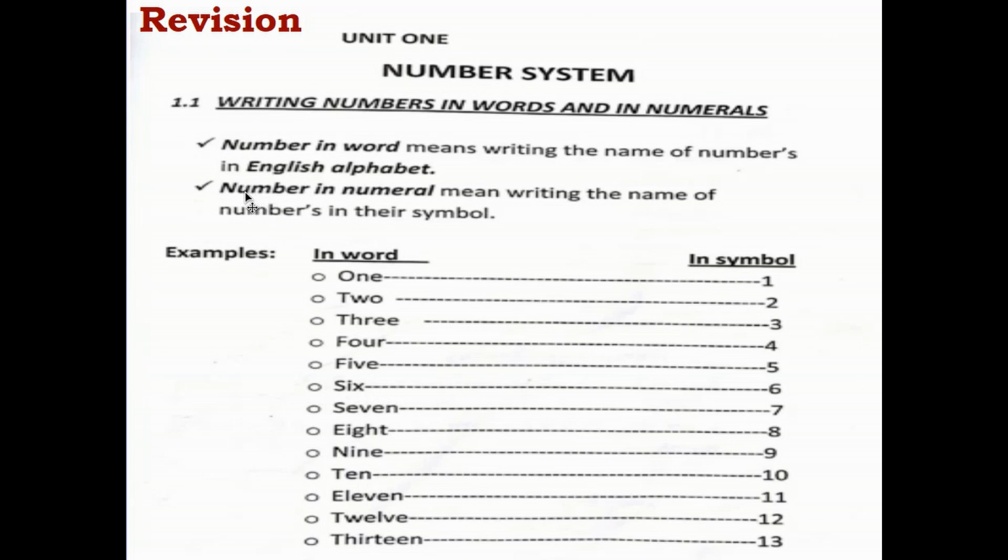When we say a number in numeral, this is the right side. As you can see here, the right sides are numerals of their word expressions. So this is writing numbers in words and in numerals with their symbols. This is what we have seen last time.